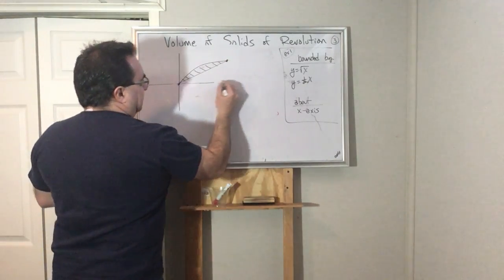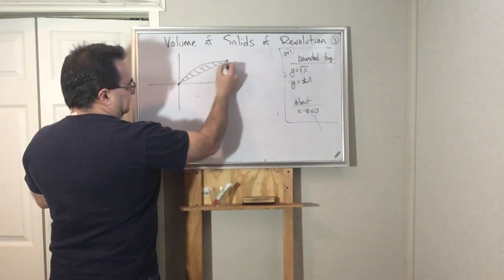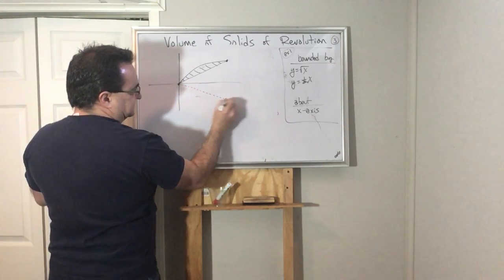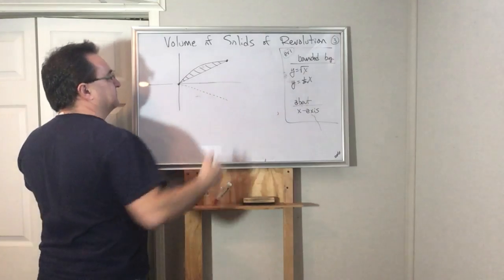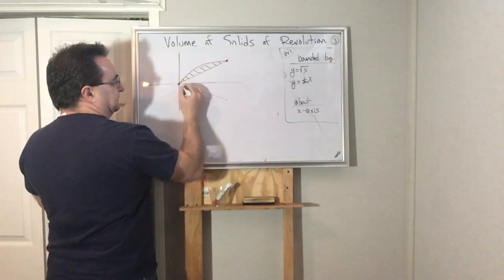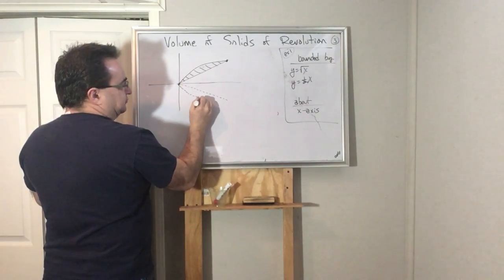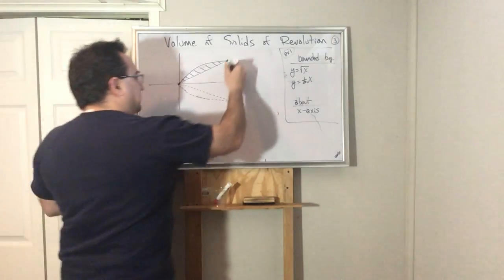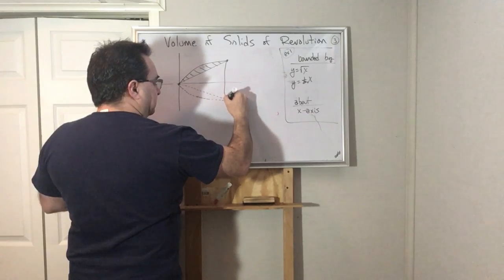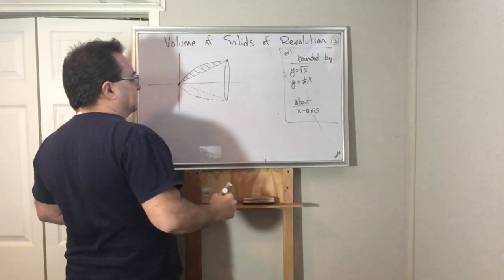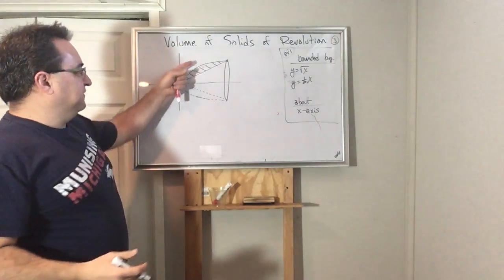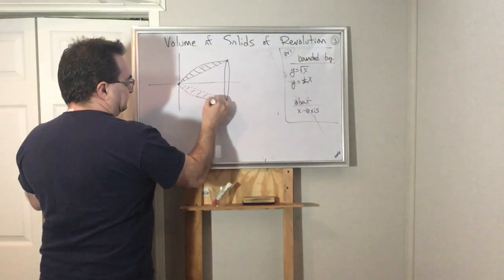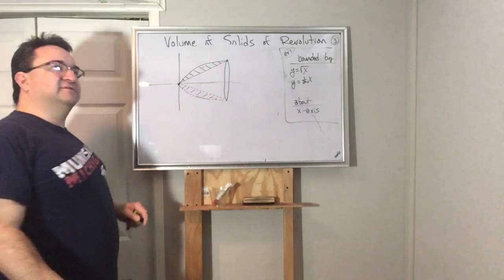You kind of reflect stuff. So see the line? I'm going to try to reflect the line about the axis of symmetry, what I'm revolving it around. Now see the curve? I'm going to try to duplicate that in a reflected sort of way. If you can try to visualize this, this is all solid, and this is all empty space.